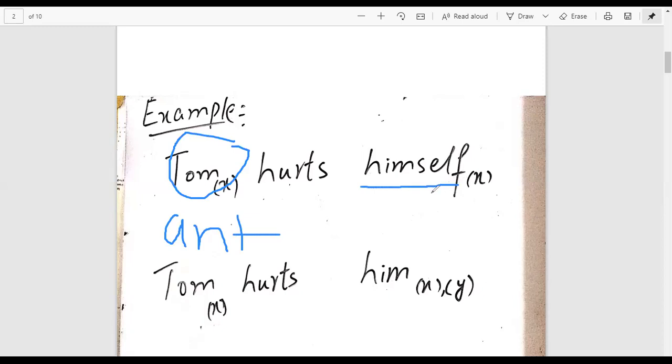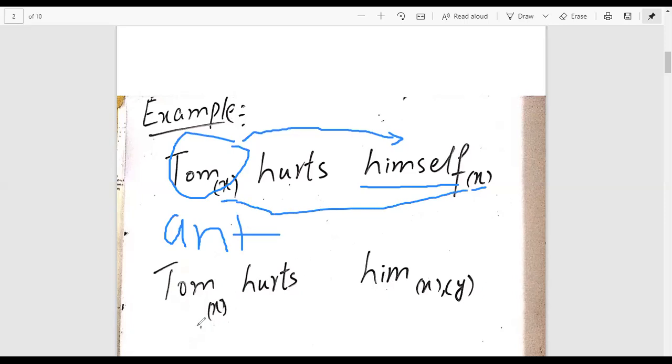You can also call it a reflexive, himself, because they are known as reflexive pronouns: himself, herself, ourselves, yourself, etc. So what does Tom do here? Tom is an antecedent which binds its reflexive, or anaphora, or you can also say pronoun. So this Tom binds himself here. That's why I named it X, and I also named it X here, because they are both binding each other. They are related to each other.